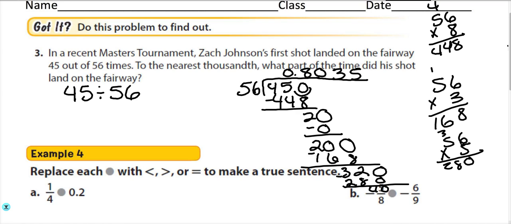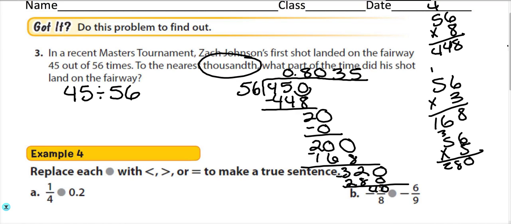All right. Okay, so for this one, we're actually going to stop there because we need to round to the nearest thousandth. Remember that the 8 is in the tenths place, the 0 is in the hundredths place, the 3 is in the thousandths place, and then the 5 is actually in the ten-thousandths place. So since we need to round to the nearest thousandth, we needed to go to 4 decimal places. So for this one, we need to round off.